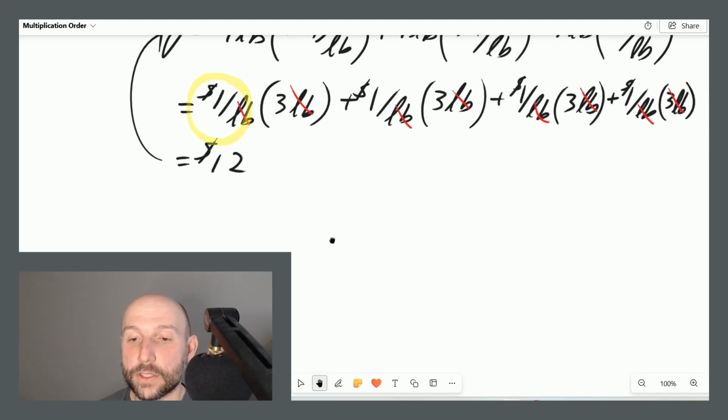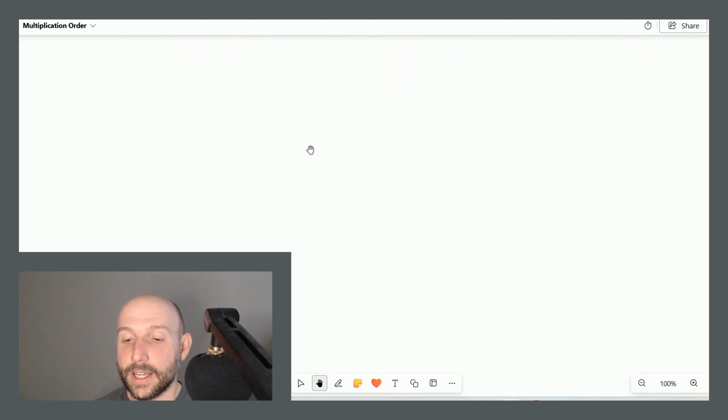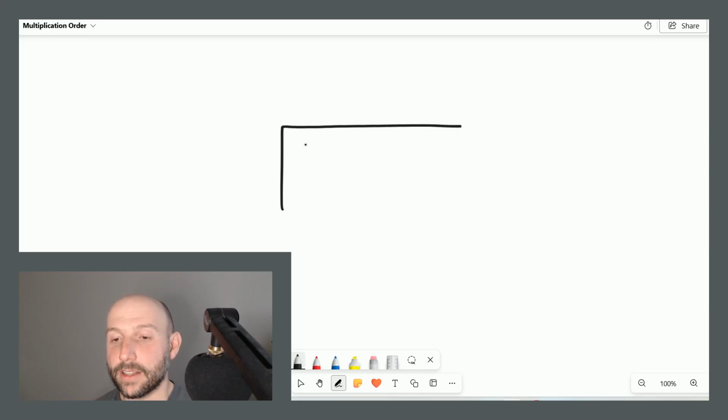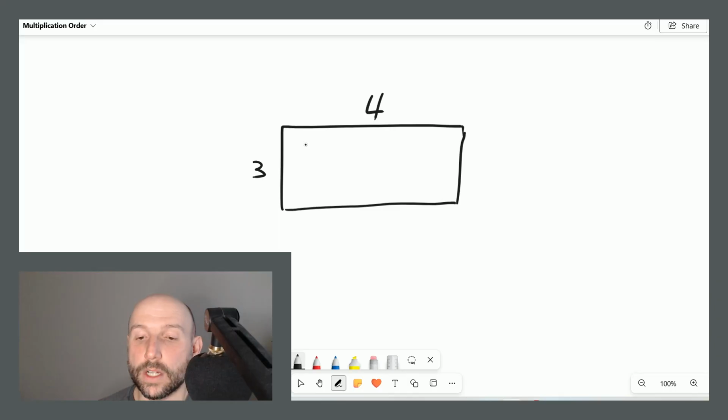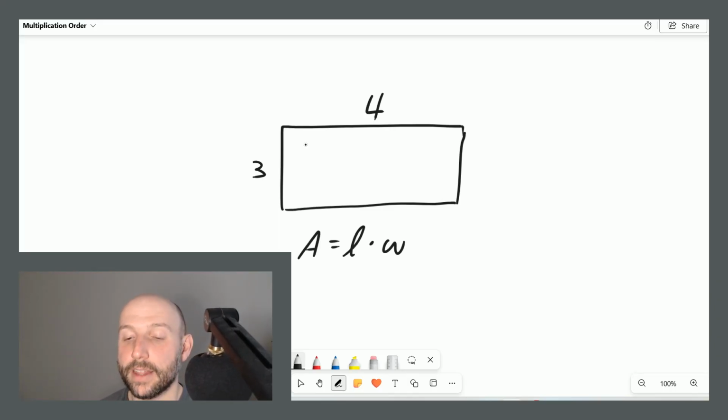The simplest way to look at this is a rectangle, which has a length of, say, 3 and a width of 4. Now, which one's the length and which one's the width, which we would need to know to calculate the area?